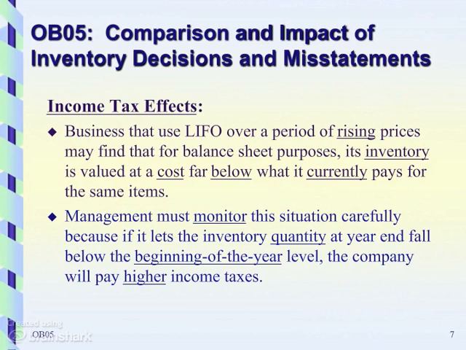This may be prevented by making enough purchases during the year and close to year-end to restore desired inventory levels. Clearly, this is something that management must monitor because they do not want to pay extra taxes.